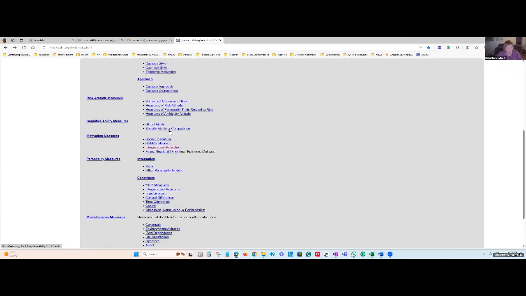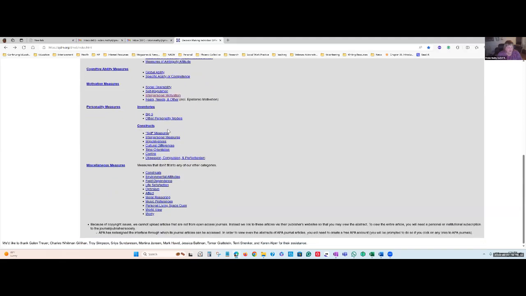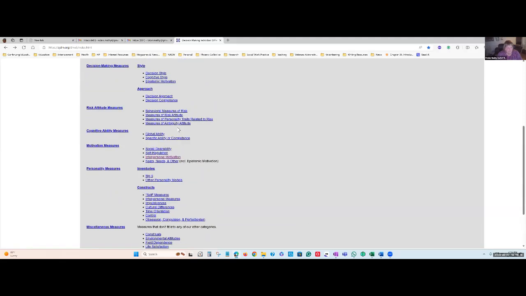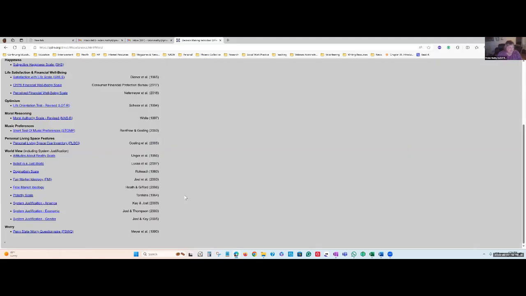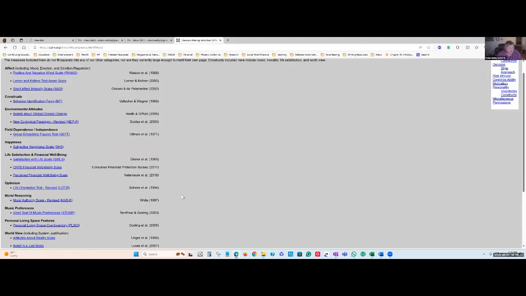So you can't do like the other ones and put in a search term and find something. You really have to go searching for it. But it helps to know what category you're looking for. So, for example, moral reasoning. Probably everybody's familiar with this one, the moral authority scale.